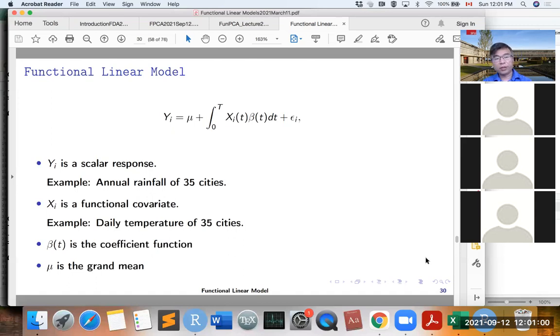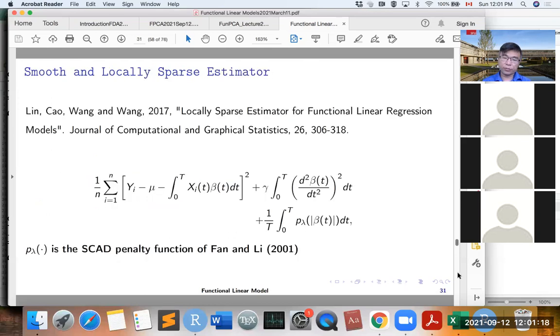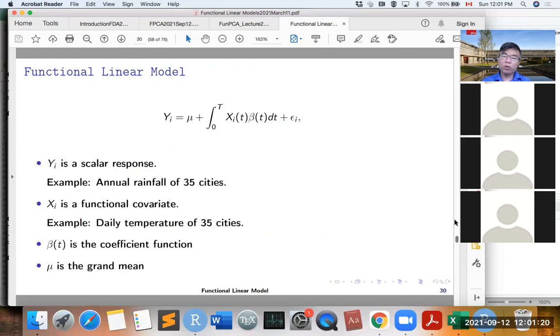We have learned this functional linear model, where the response is a scalar and the predictor is a function. And we learned how to estimate beta t by a roughness penalty.